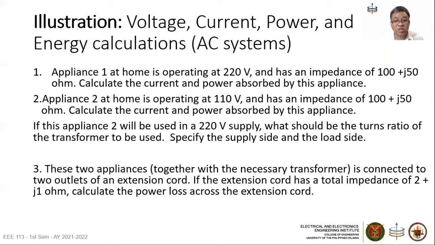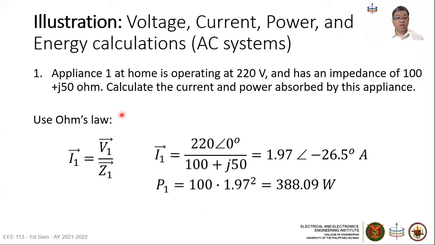Let's go back to appliance 1. So appliance 1 at home, 220 volts, impedance of 100 + j50 ohms. So the current through it is V over Z. We know it's 220 volts. We pick this as our reference, so we assign angle 0 to it.